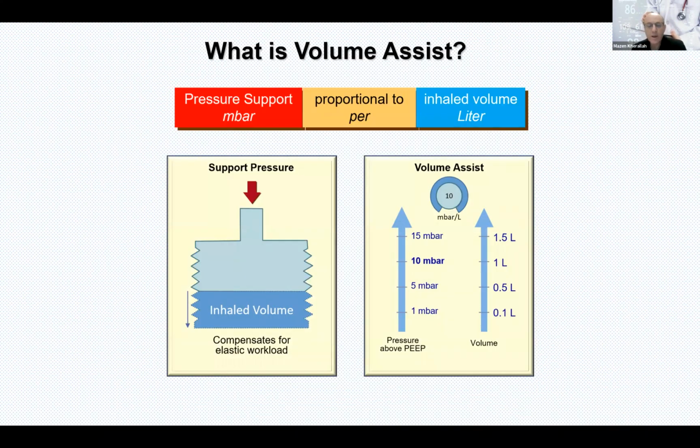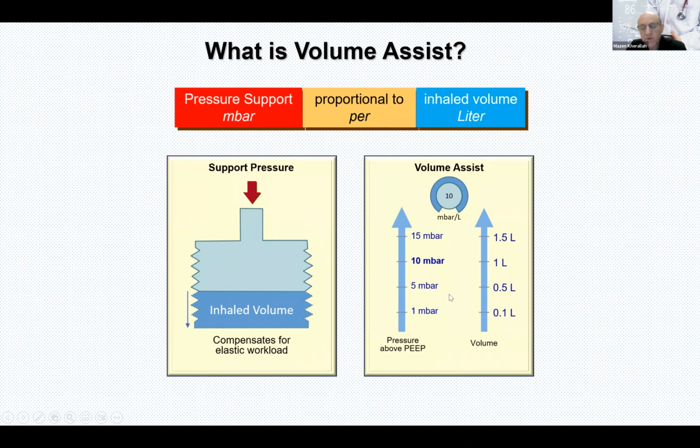So far we heard about this volume assist, and we heard about the flow assist. And how does it work? Well, it is pressure support that is determined based on the inhaled volume. And you can see here, we give 1 centimeter of water for 0.1 liter.